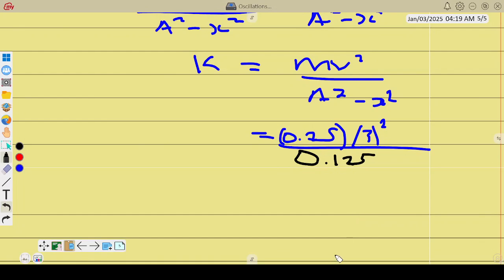We shouldn't forget the square on a. On top we have 2.25, over a long number.